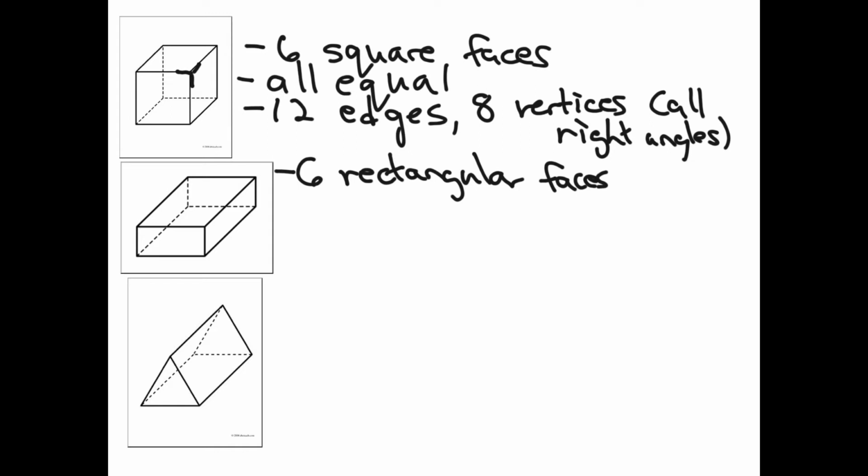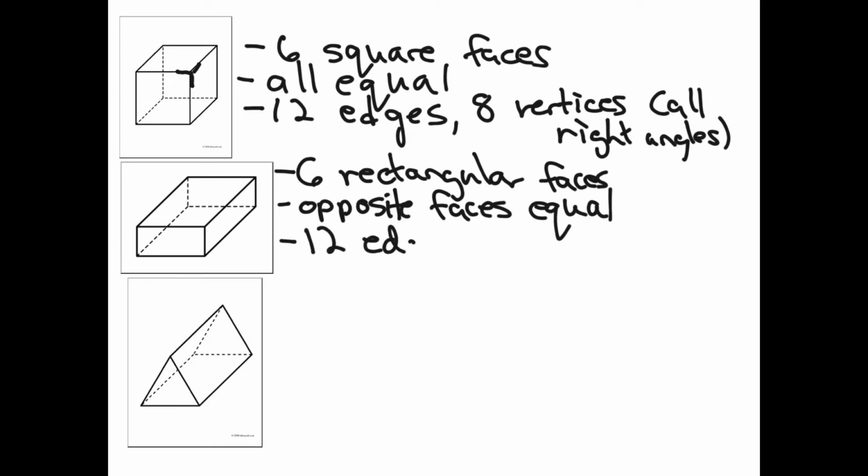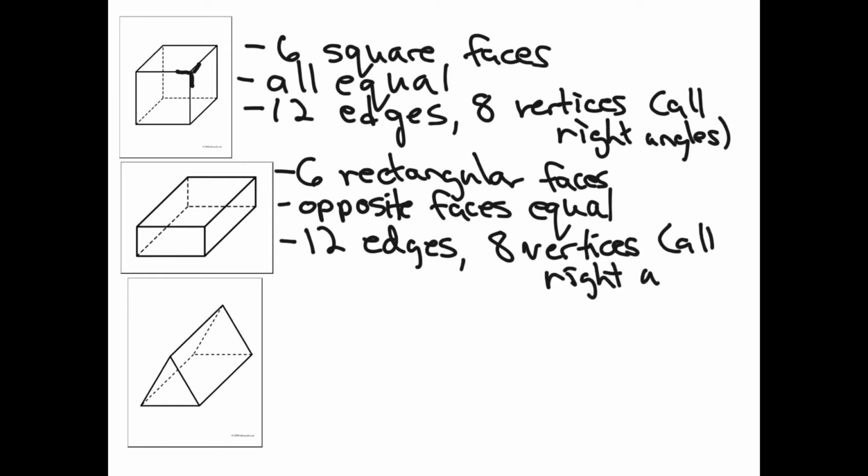The opposite faces are equal. And just like with a cube, there are 12 edges. There are 8 vertices. And they are all right angles.